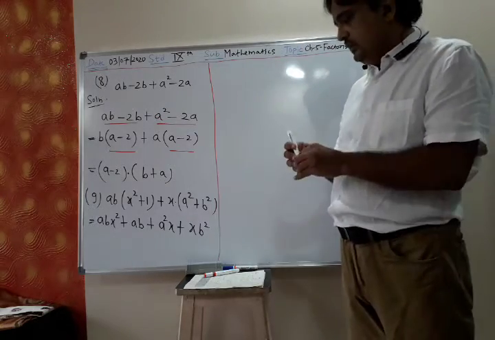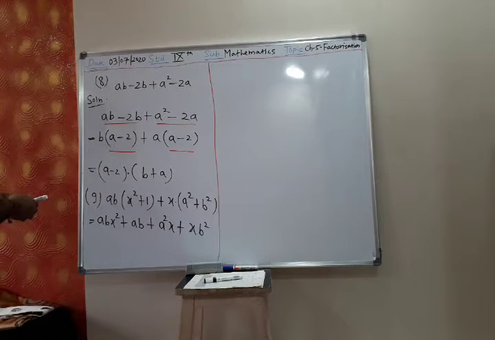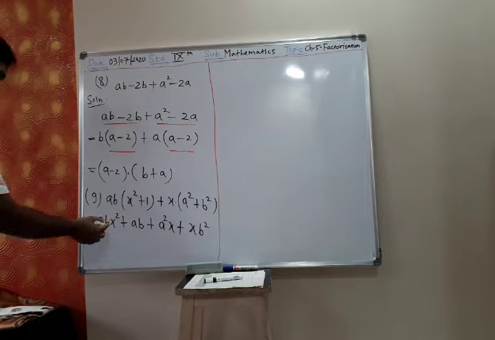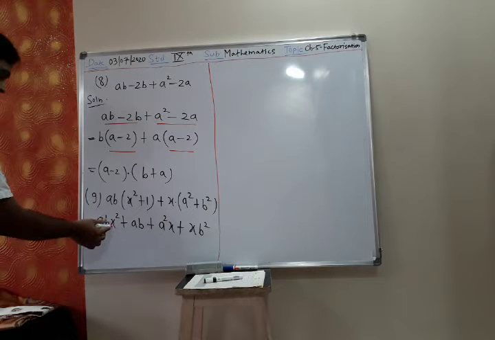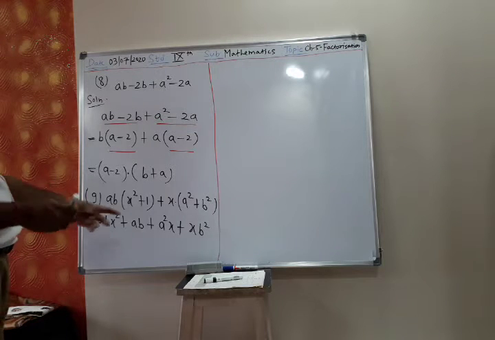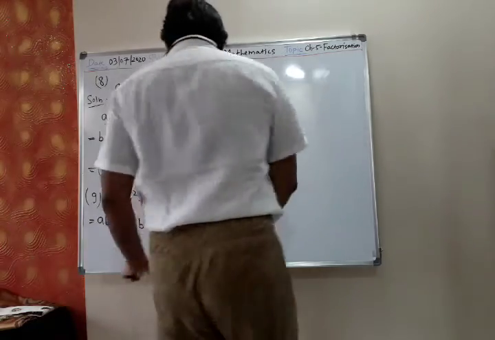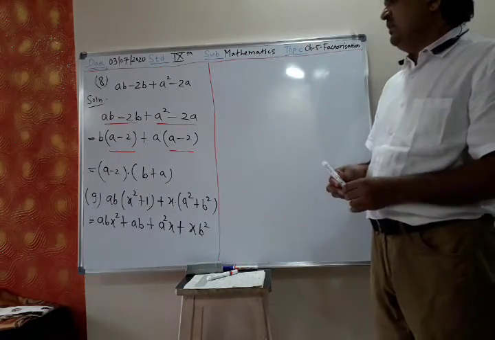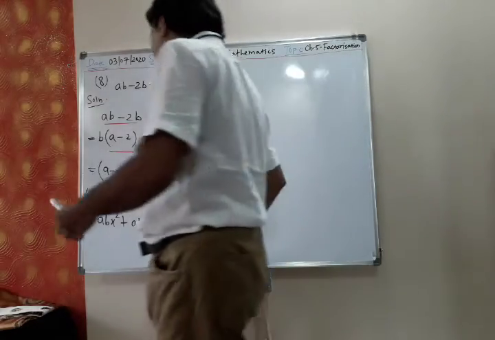Now I will group the terms. Xb square or b square x, they are one and the same. So now we apply the grouping method.